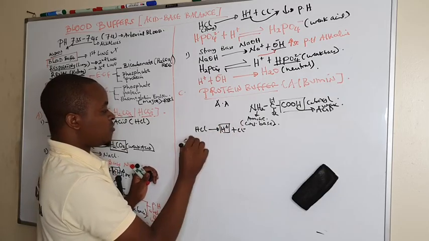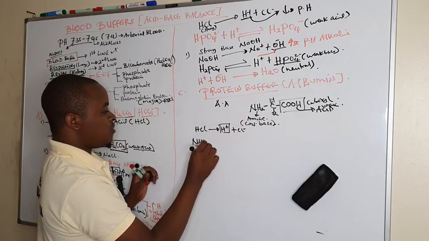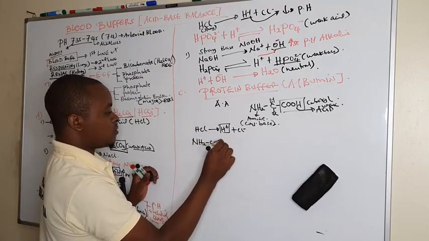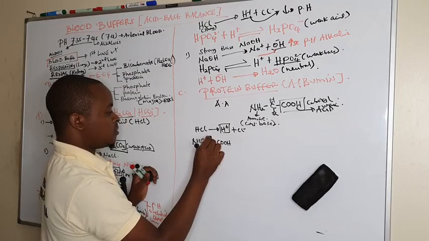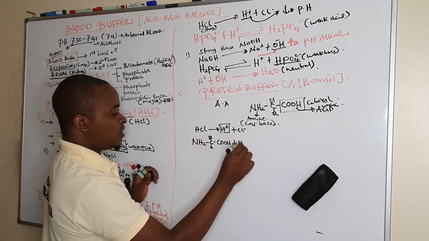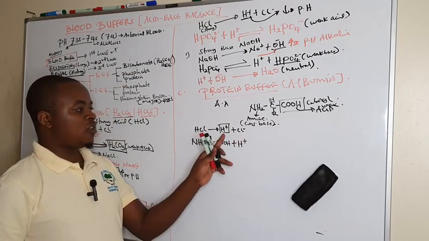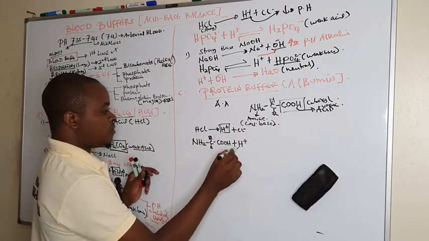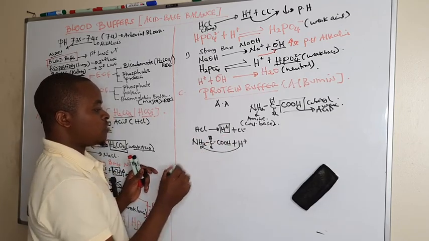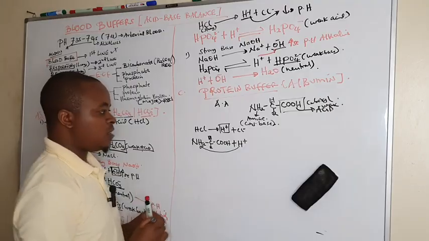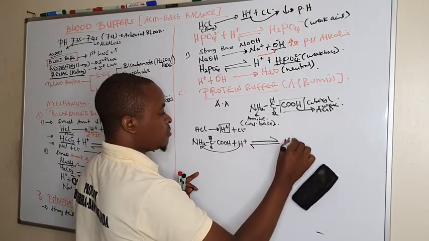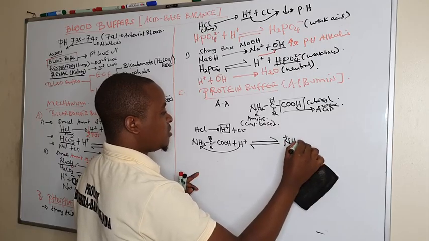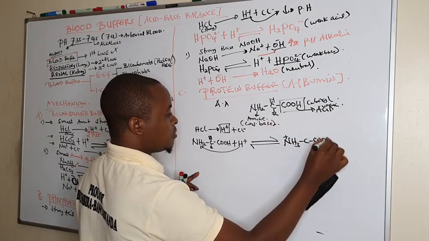So in the presence of the amino acid, when you add these hydrogen ions, they are going to be accepted by the conjugate base, which is the amine, and in the long run, we shall form a positively charged amino acid.